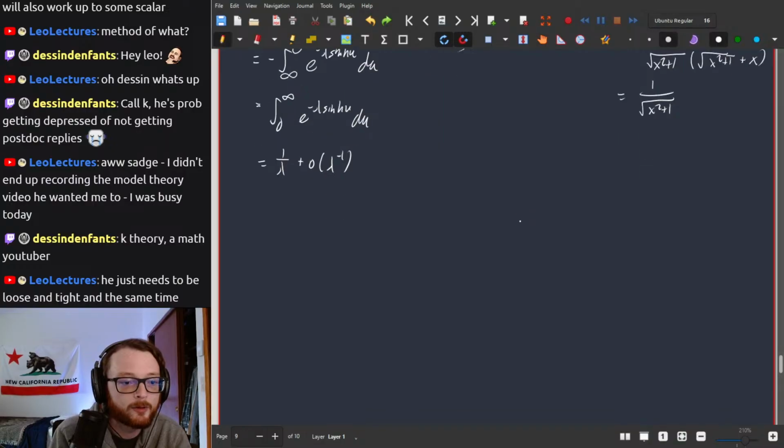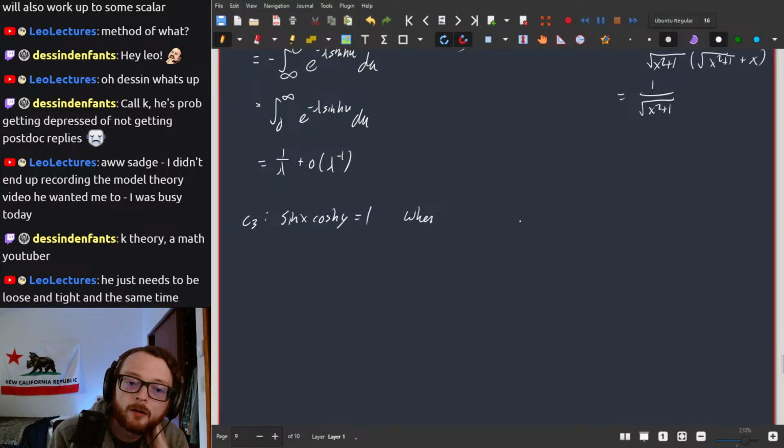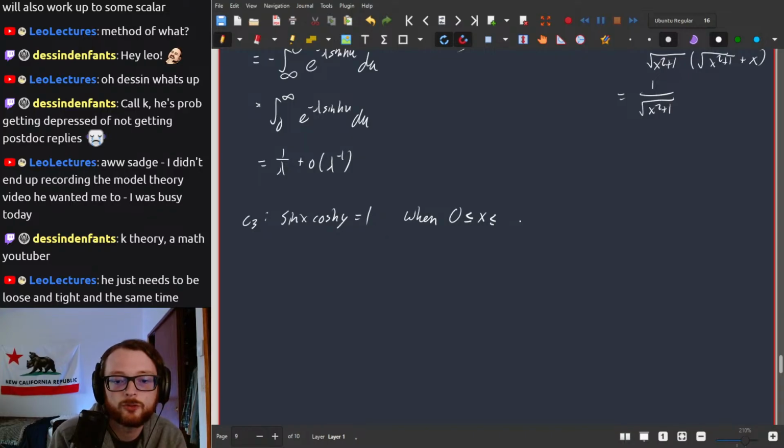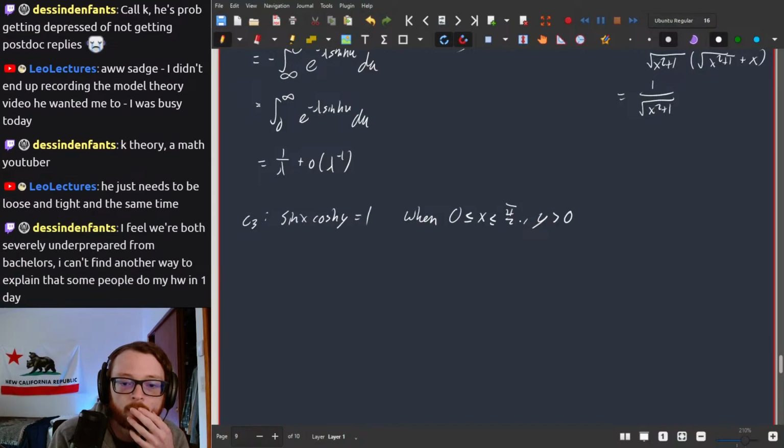Oh my god, all this work. And we do need to add in a constraint: when 0 is less than or equal to x is less than or equal to pi over 2, y is greater than 0.